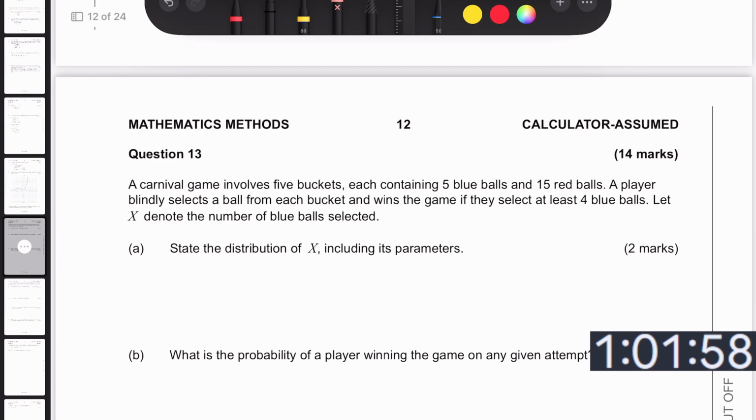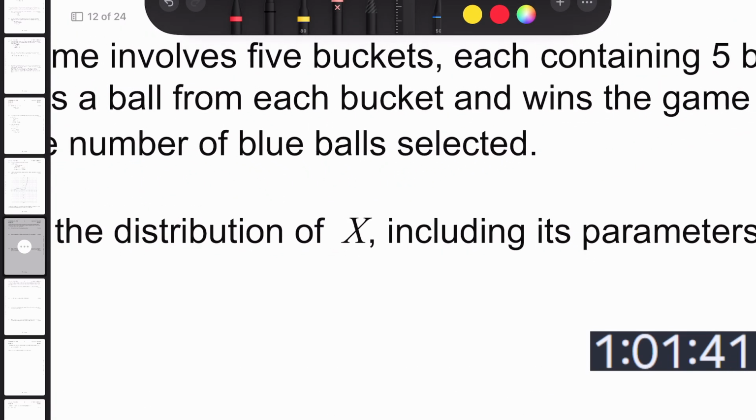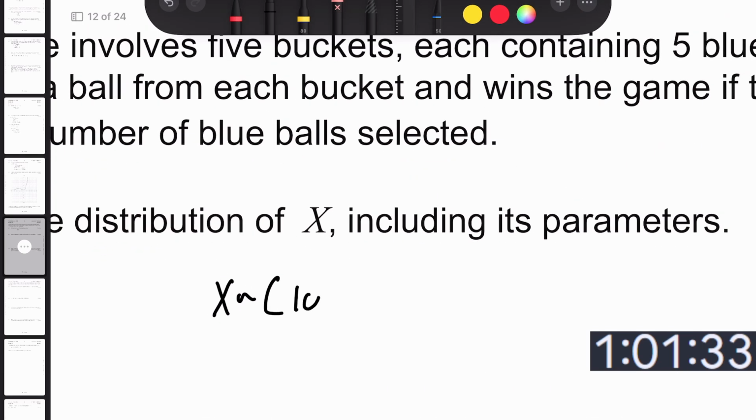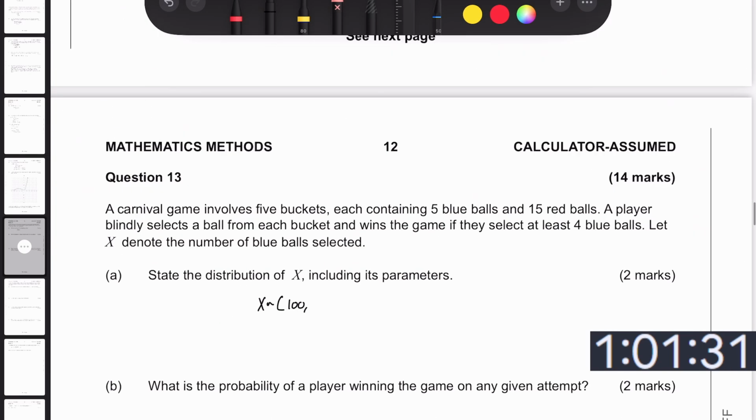The carnival game involves five buckets, each containing 5 blue balls and 15 red ones. A player blindly selects a ball from each bucket and wins the game if they select at least 4 blue balls. Let X denote the number of blue balls selected. State the distribution of X, including its parameters. So I have a total of 20 times 5, which is 100 trials, pretty much.